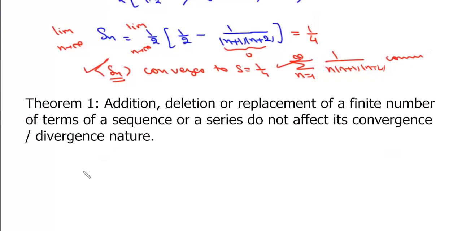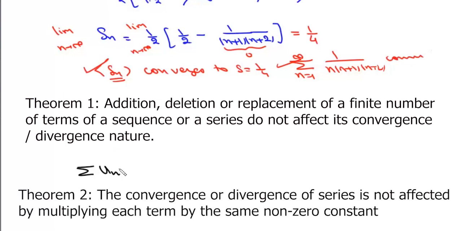So if we have any infinite series, summation un, and we add, replace or omit a finite number of terms from this series, it will not change the nature of convergence of the series. And the second theorem is: if each term of the series is multiplied by a non-zero number, then also convergence of the series remains unchanged. So these are the two theorems which we are going to need while discussing convergence of infinite series.